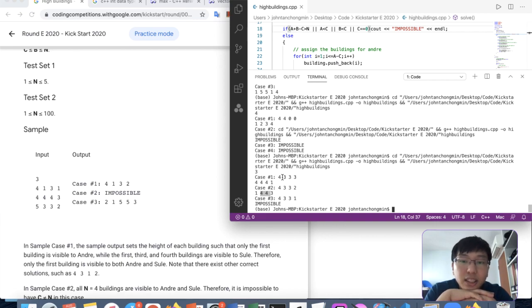But on the other side, what I need to do is add in the fact that you can actually see one more building than the minus C here. It's necessary for you to see one more building. So if the combined building is 3, this B cannot be equal to C.